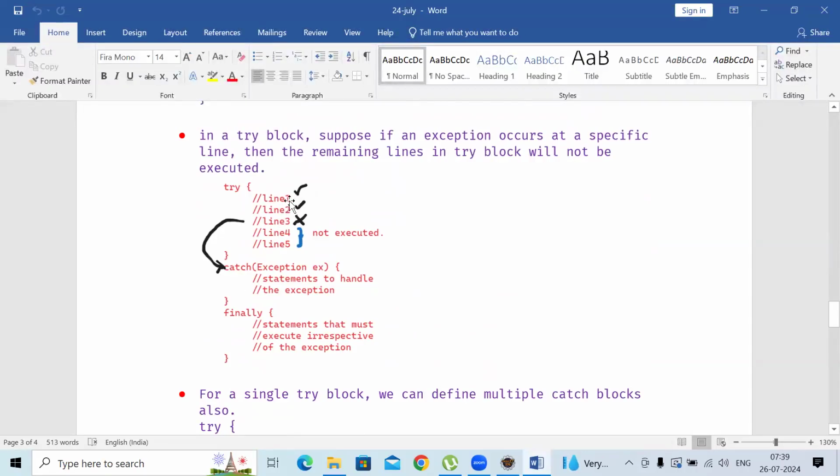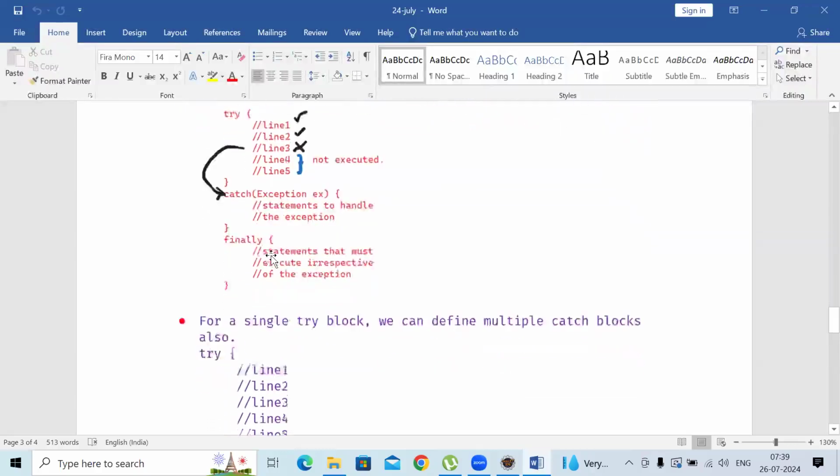For example, if the try block has 5 statements, and an exception occurred at line 3, what happens? Control will directly jump to the catch block without executing line 4 and line 5. That's what I told in the last class, right?